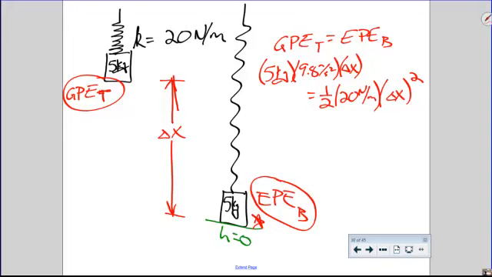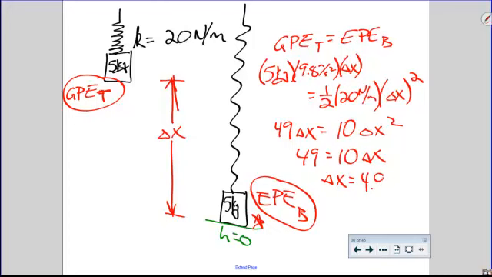So I'm looking at 49 delta x equals 10 delta x squared, and we want to solve for delta x. Well, 0 is a solution, but that's not the solution we want. So I can divide both sides by delta x and get 49 equals 10 delta x. Divide both sides by 10, and delta x is 4.9 meters. And there's your answer.